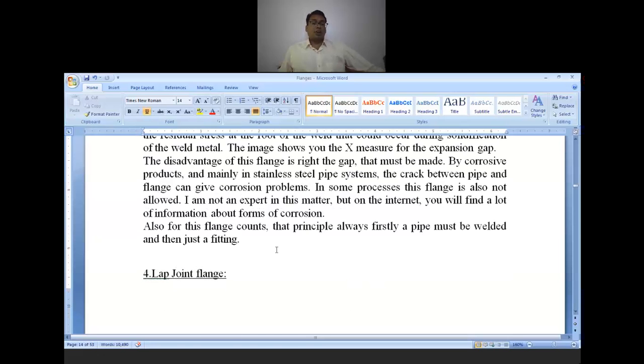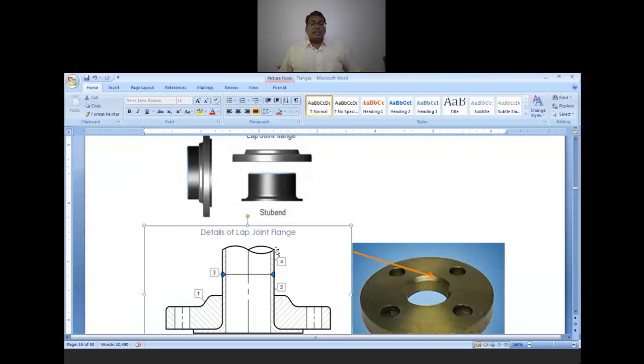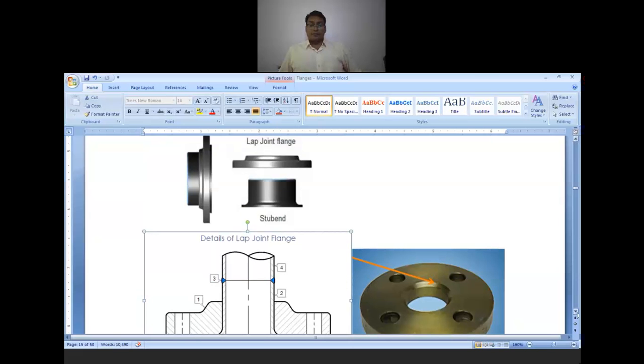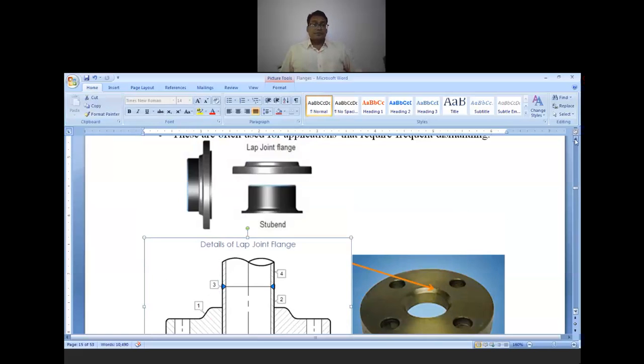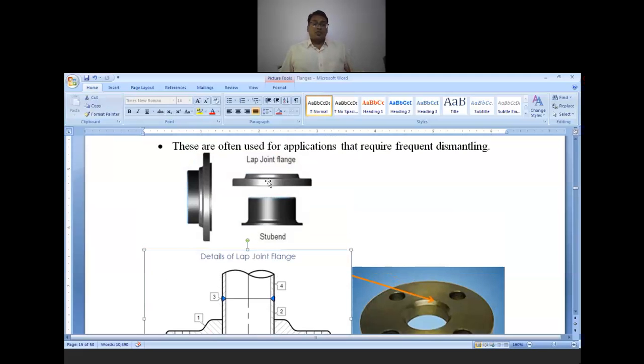Then the lap joint flange. Now these are the lap joint flanges that are provided. You can see the figure. There is a hub that is provided, the lap joint, and the pipe fitting. This is the hub and the stub end; this stub end is also called the hub.